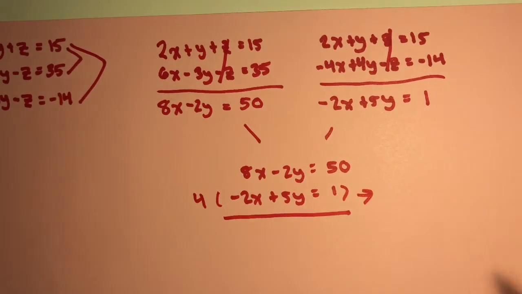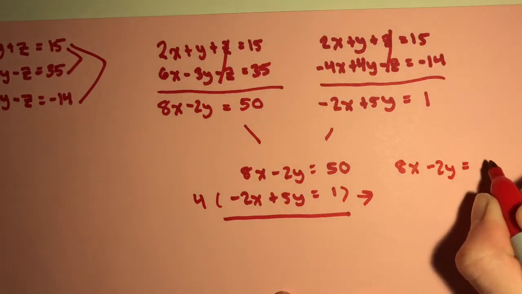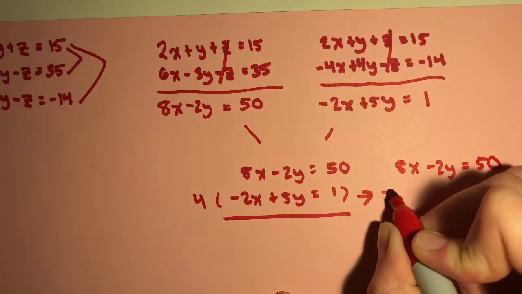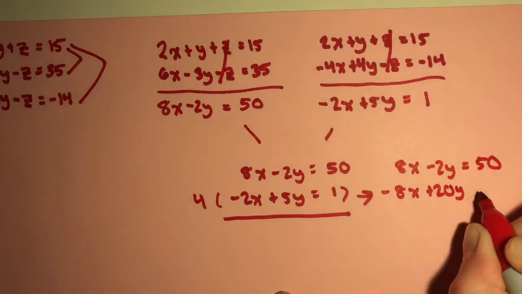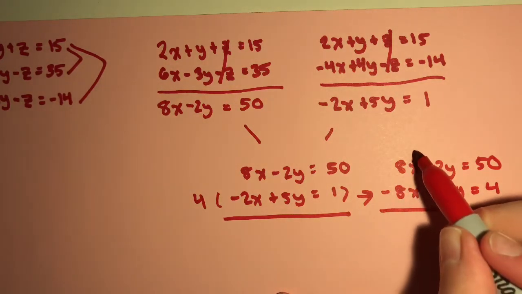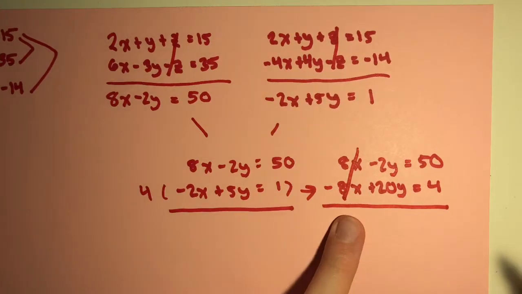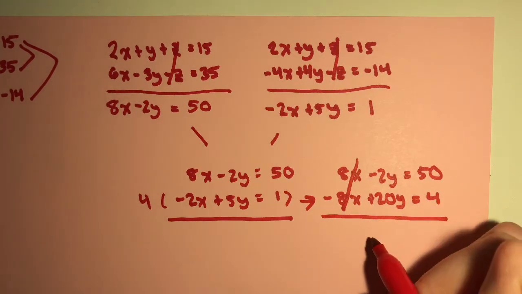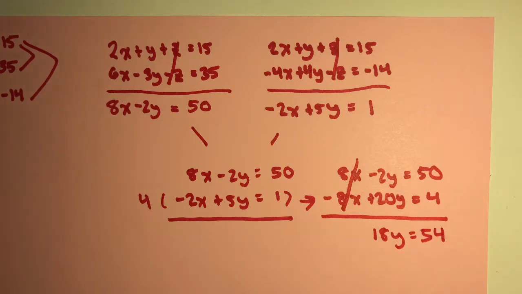For showing our work, 2y equals 50. Then we have minus 8x plus 20y equals 4. As you see, our 8x's are going to cancel, and we're left with y's. Now we can add the y's together, leaving us 18y equals 54.